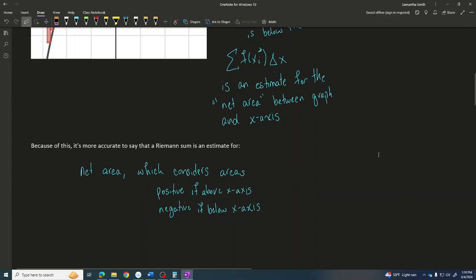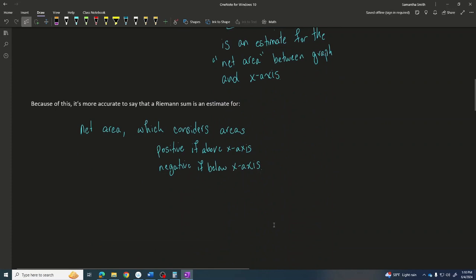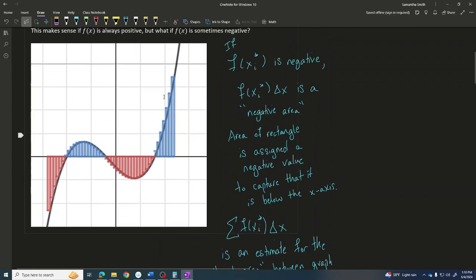And so if you have a function that dips below the x-axis, the Riemann sum is estimating that net area, which counts areas above the x-axis as positive and areas below the x-axis as negative.